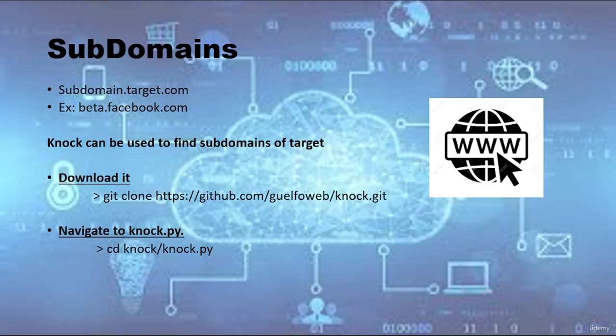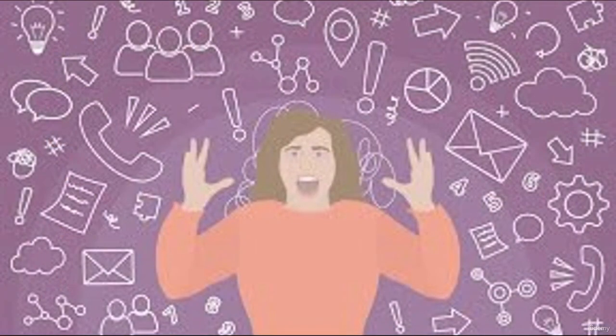I messed up the command, I'm sorry about that, but we can cd to the knock folder. After changing the directory, we run it with python knock.py, since it is a Python-based script, and then we put the domain name of the target, and we get the result.